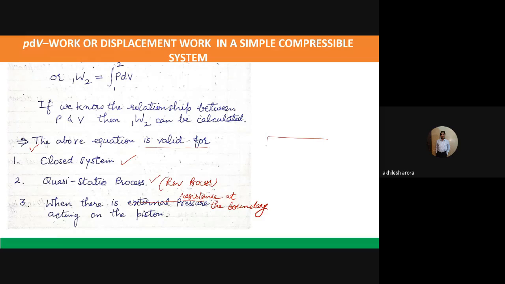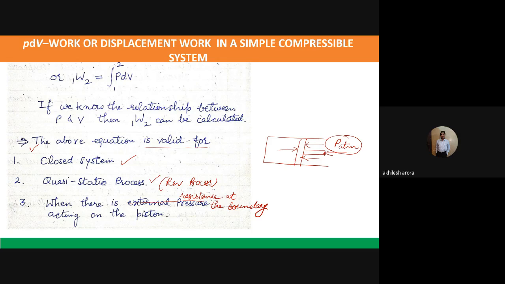This is the piston cylinder arrangement. This is the piston, and outside there is a pressure which is acting, and this pressure is atmospheric pressure. So this is the resistance. When the piston is trying to move forward, there is a resistance in the form of atmospheric pressure acting on the outside of the piston. So it means there is external resistance at the boundary.